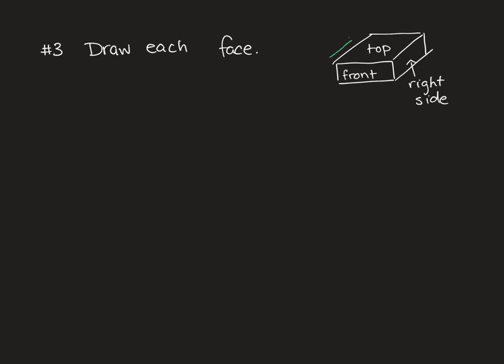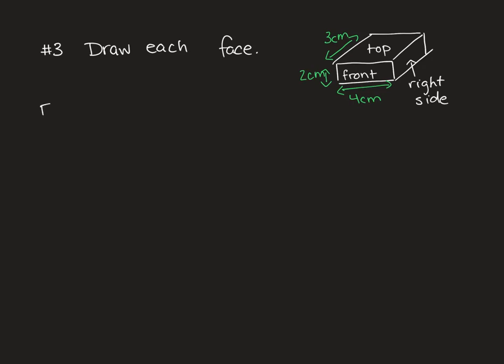So we might know that the edge of this top is 3 centimeters, it's 2 centimeters tall, and the front is 4 centimeters. We have to draw all 6 sides.